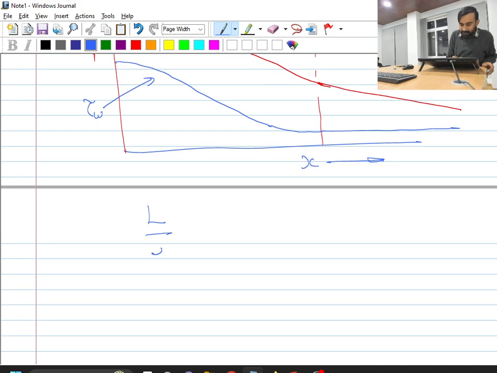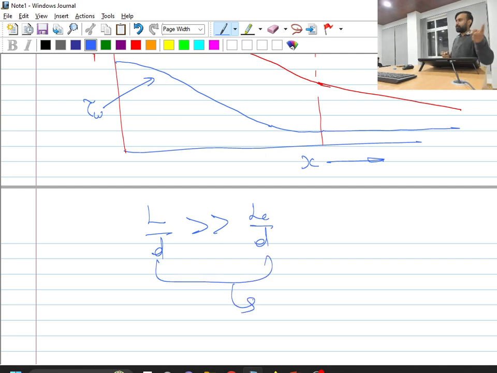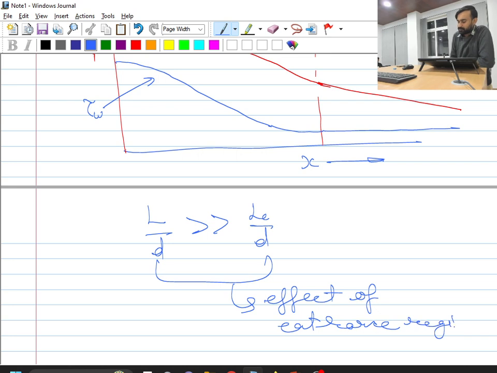So if your pipeline is very long, if L is the length of the pipe and L by D is very large in comparison to the entrance length by D, then in my previous formulation, where I explained this formula delta P equal to constant Q by R4 plus entrance region, the effect of the entrance region can be neglected.